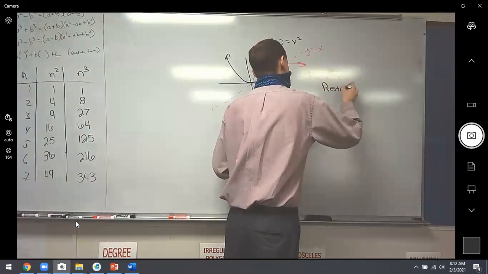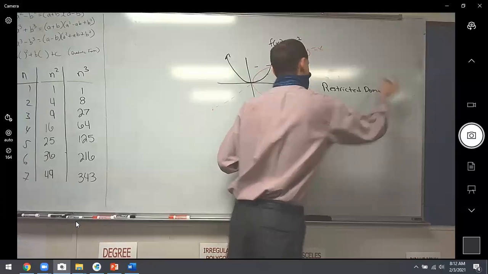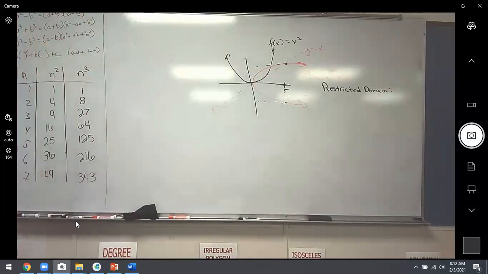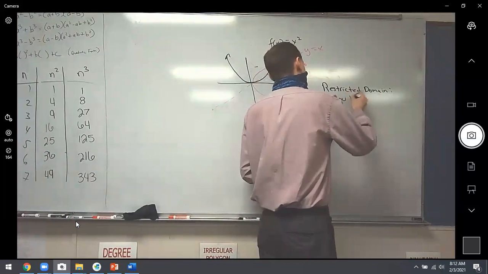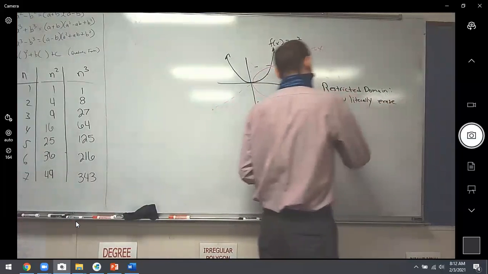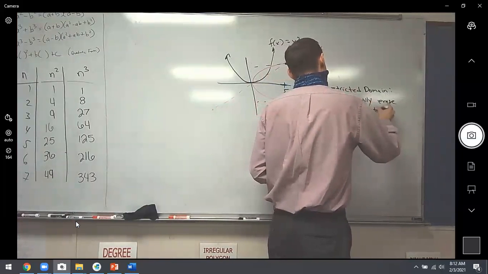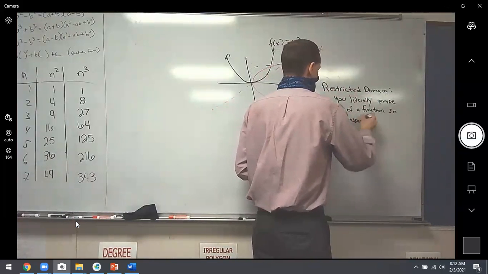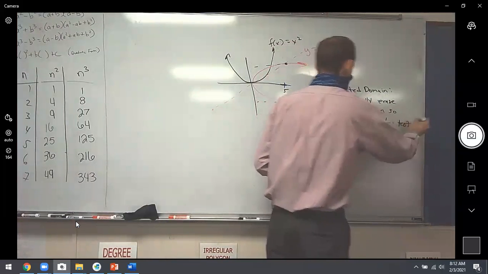It's called a restricted domain. And this is your vocab term for the day. Restricted domain. This is when you literally erase part of a function so it passes the horizontal line test.